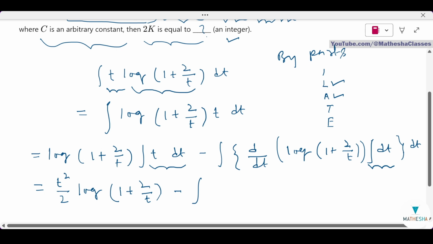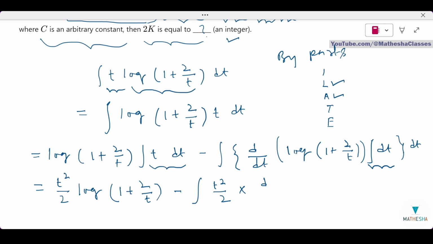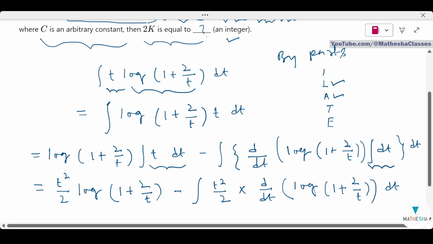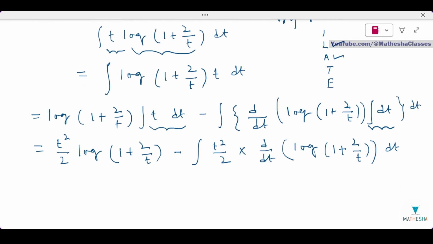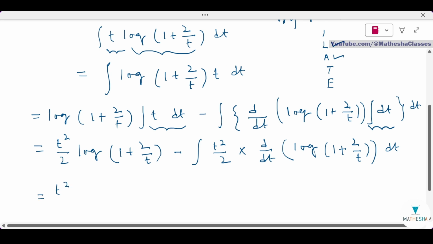So the second term will be t square by 2 times d/dt of log (1 plus 2 upon t) dt, and that will be equal to t square by 2 log (1 plus 2 upon t) minus t square by 2.